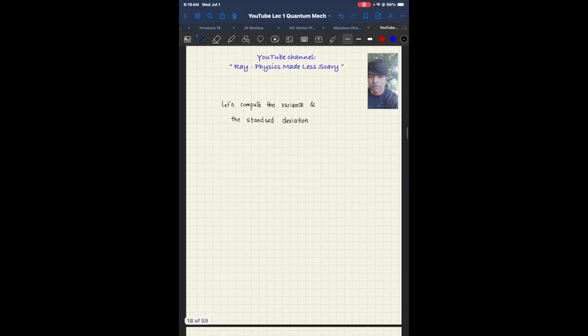Okay, so while I'm writing, you also write on your pen and paper what the formula for variance is. So sigma square, variance, is basically the second moment, so this is 1 by n summation xi square. That's the difference, right? The difference between the mean and the variance is this square.